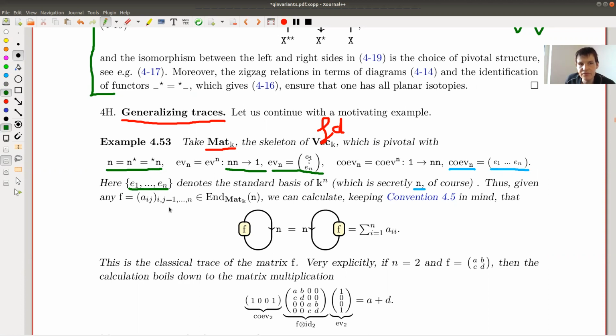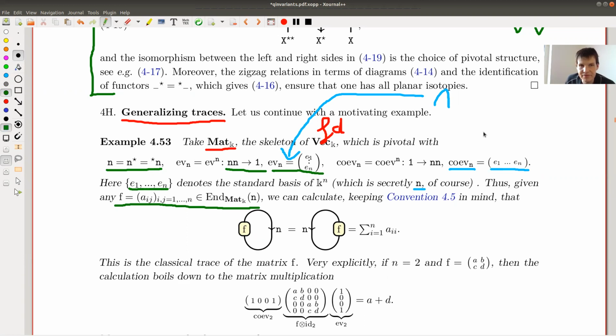So all you need to do is to give a matrix. So if you have a matrix from k to the n to k to the n, a_ij, then if you do this calculation like a cup, so this is a cup, and left and right do not matter, but let me just say this is a cup.